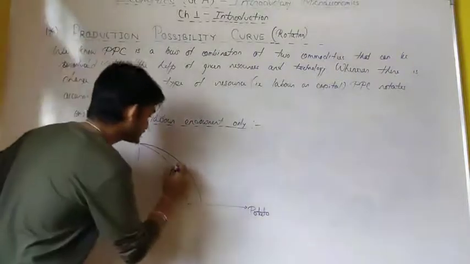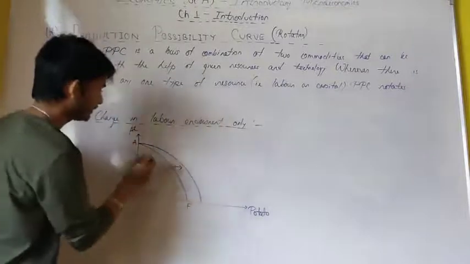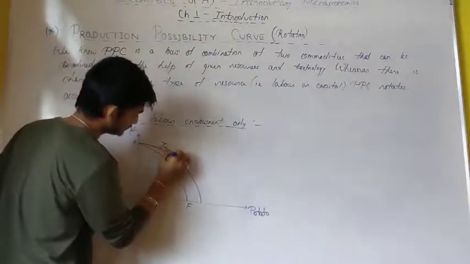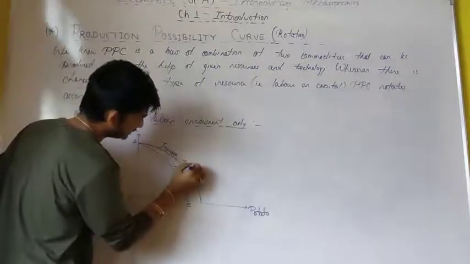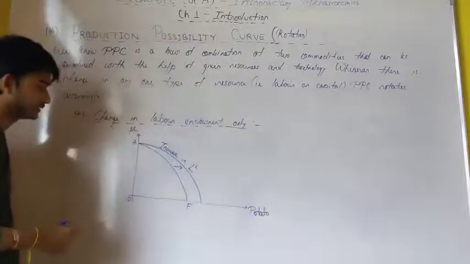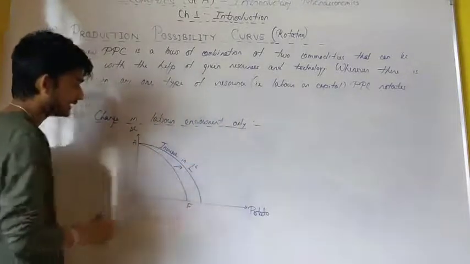So whenever there is increase in labor endowment, I am writing here increase in L. L just represents labor. I am just writing it in short.